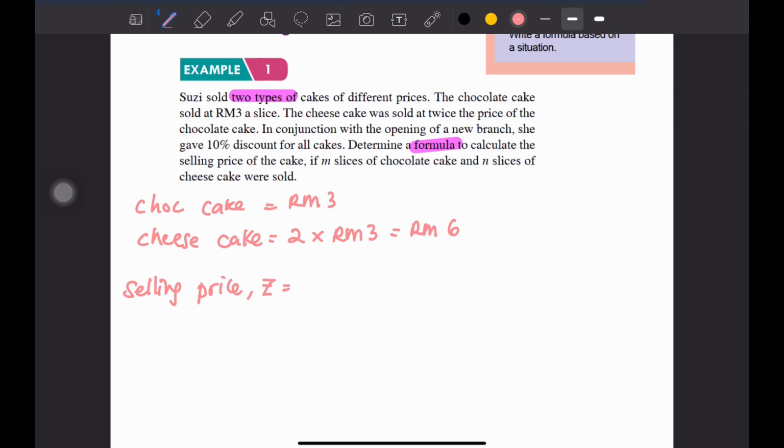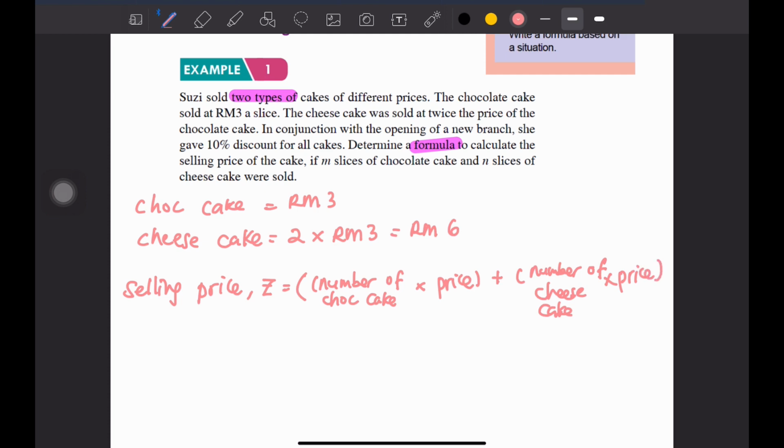The selling price is the number of chocolate cakes times the price, and then plus the number of cheesecakes times the price.